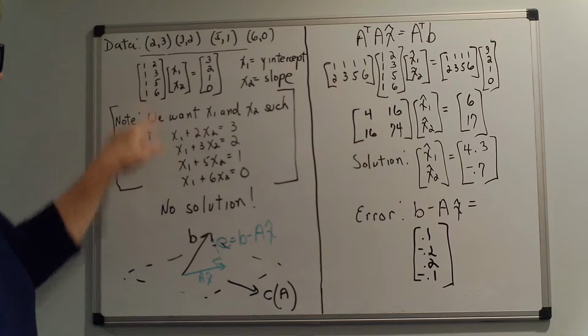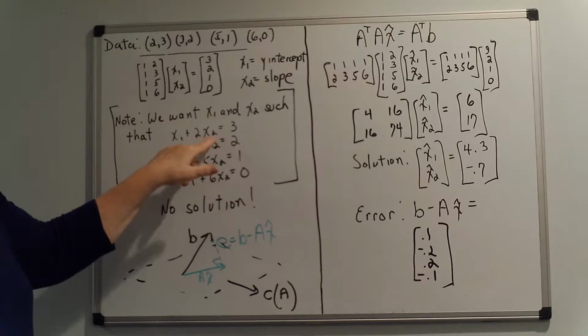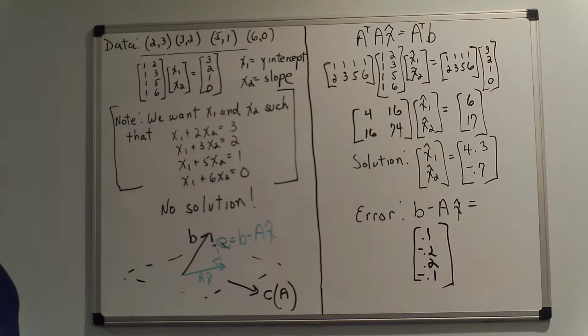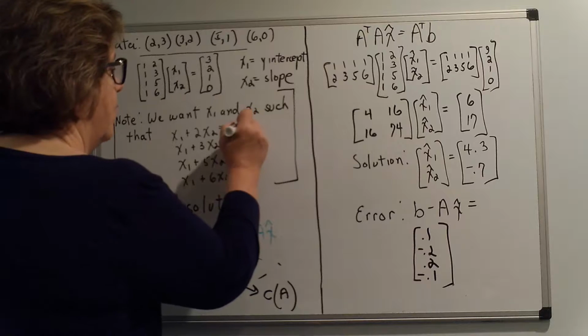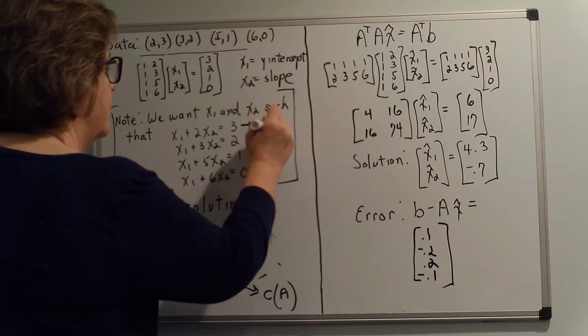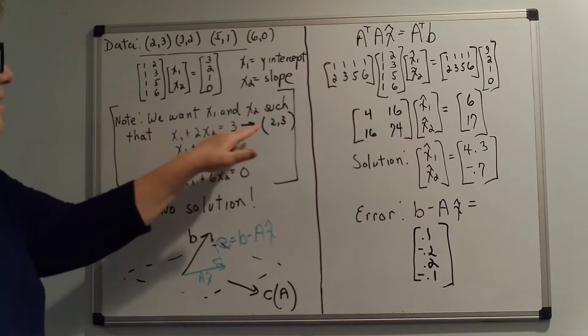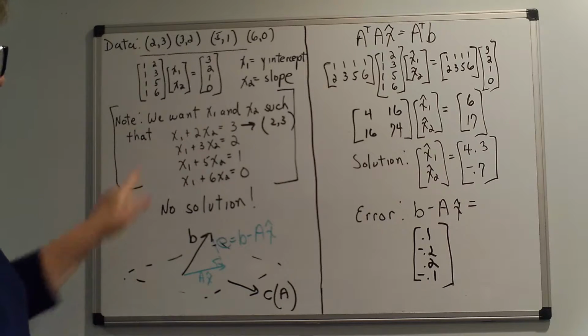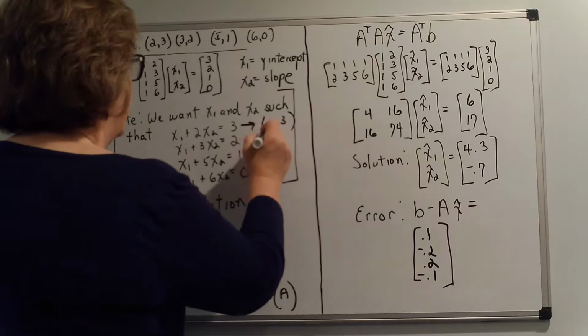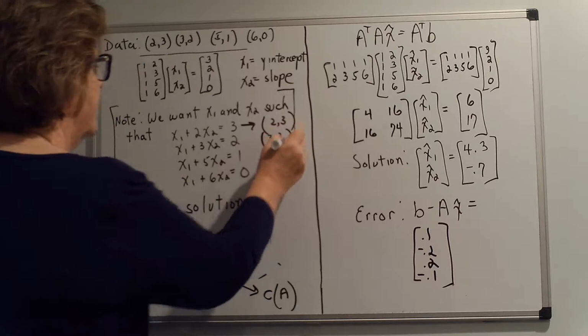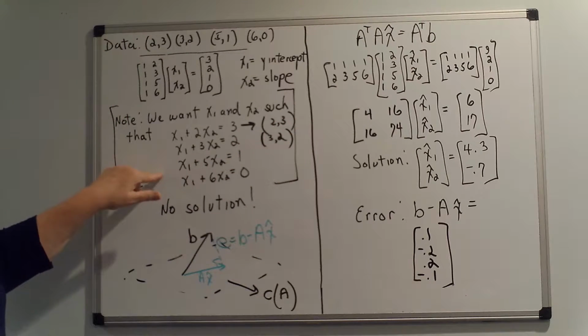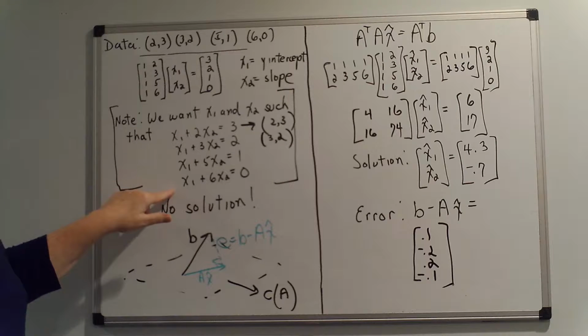So we want x1 plus 2x2 to be equal to 3. This is the line that would pass through the point 2, 3. This is the line that would pass through the point 3, 2. This is the line that would pass through the point 5, 1. This is the line that would pass through the point 6, 0.